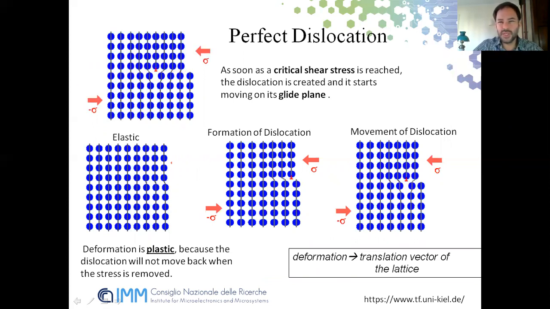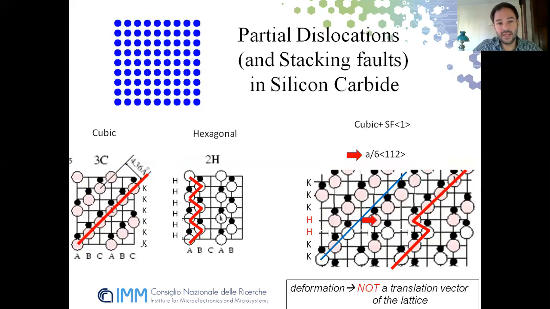But in 3C silicon carbide, the discussion is a little bit more complicated. In fact, it is not a simple cubic crystal like this one, but an FCC. Moreover, in silicon carbide we have different polytypes.